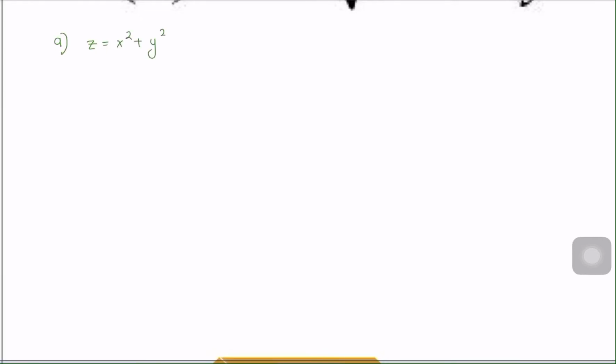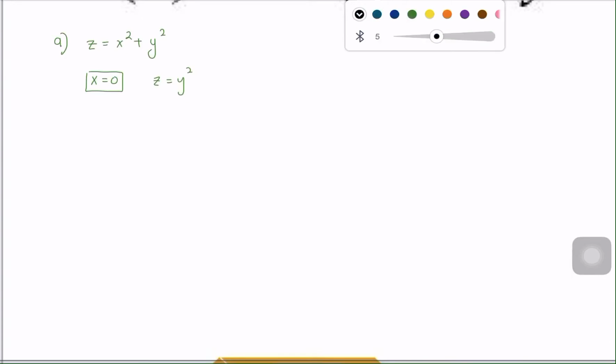We want to have the traces. Let's say first we make x equal to 0. We need to have three traces, because all variables are here and no variable is missing. So it will be z equal to y squared. What will be the graph?